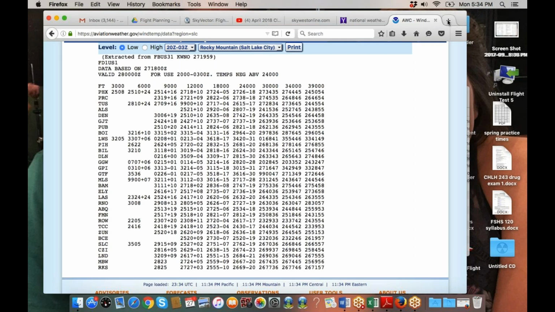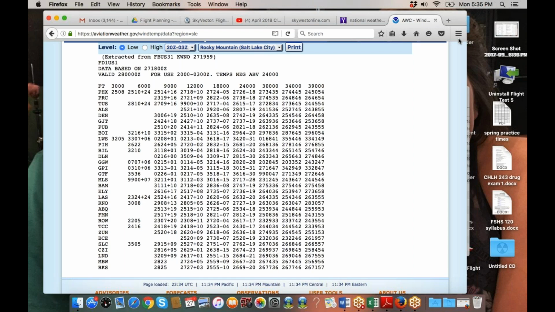So when we're looking at ISA deviations, and I know we've briefly touched on ISA. What ISA is, they basically have assigned a temperature to sea level, and that temperature is 15 degrees Celsius.